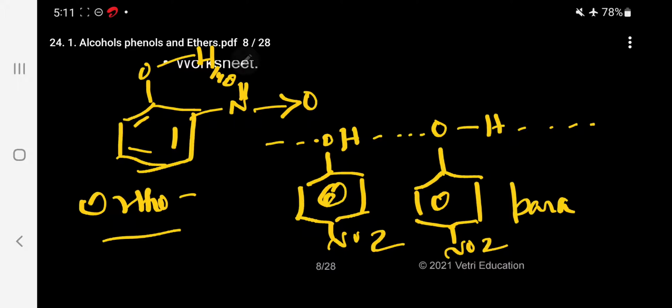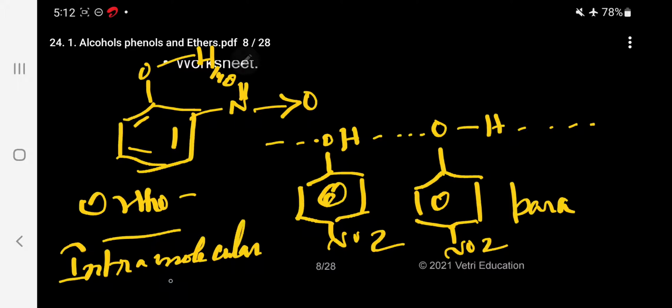Based on the structure, what I want to inform you is, in the case of orthonitrophenol, the hydrogen bonding present is intramolecular hydrogen bonding. In para-nitrophenol, intermolecular hydrogen bonding is present. So based on this, what is the characteristic property?